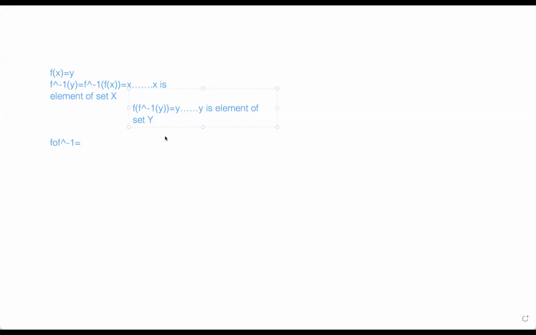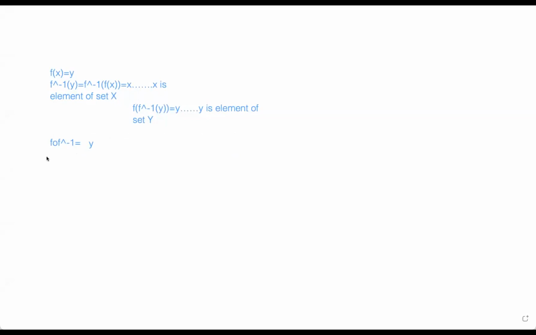Yes, we already have written here. f of f inverse of y is equal to y. It will be y here. We have already written here: f composite f inverse means f of f inverse of y, which is equal to y.